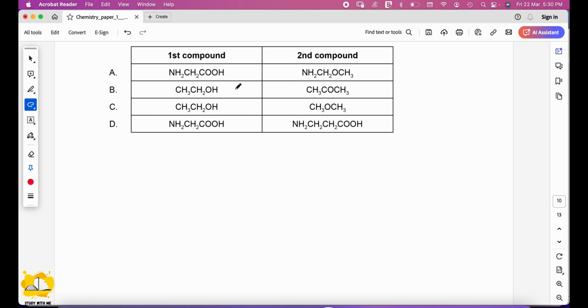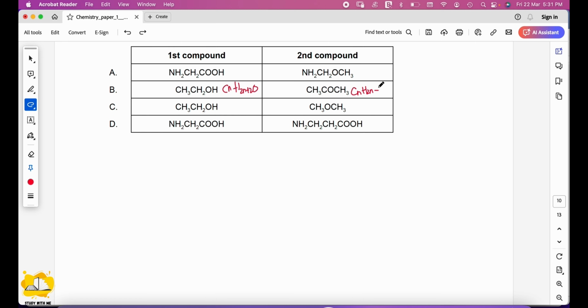So alcohol and ketone are not structural isomers because the formula for alcohol is CnH2n+2O, but for ketone it should be CnH2nO.